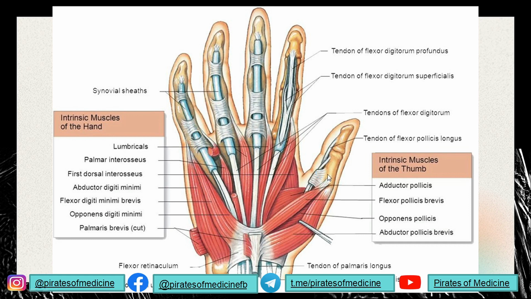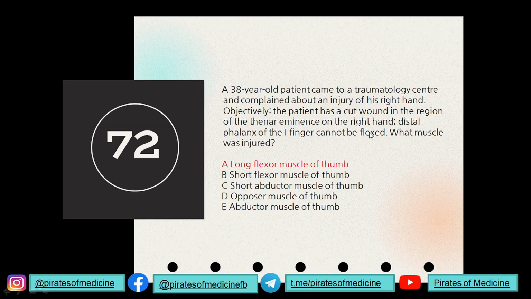So in the question, the distal phalanx was not able to flex. This means that the muscle that is injured is the long flexor muscle of the thumb. So it is all about which muscle supplies which phalanx, and I hope you understand now. This is the basic concept behind this.